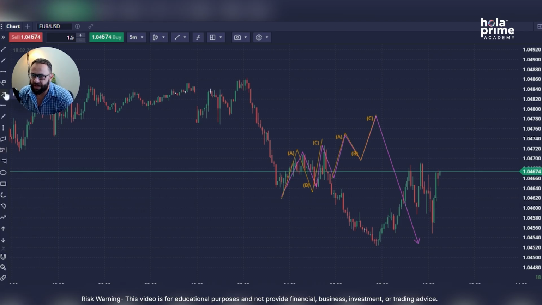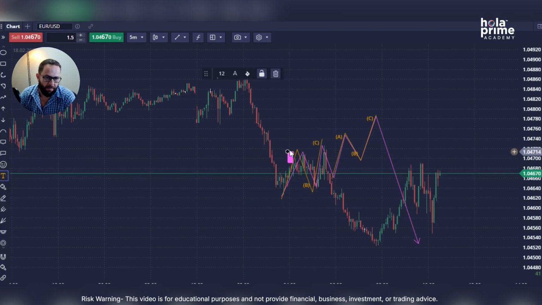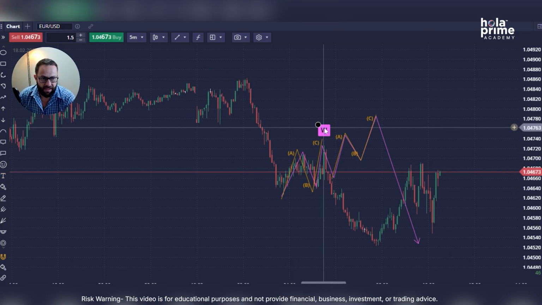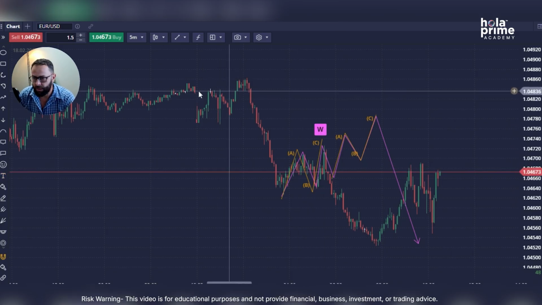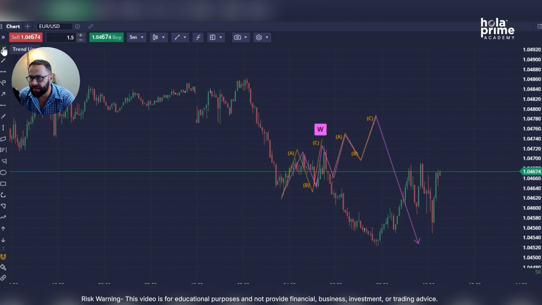The Elliotticians, or those that practice Elliott Wave analysis, actually refer to these as double zigzags, but the labeling that they use is a little bit different. So after you've got an ABC, they would call that first zigzag a W. Then this, let me just use a different color here.